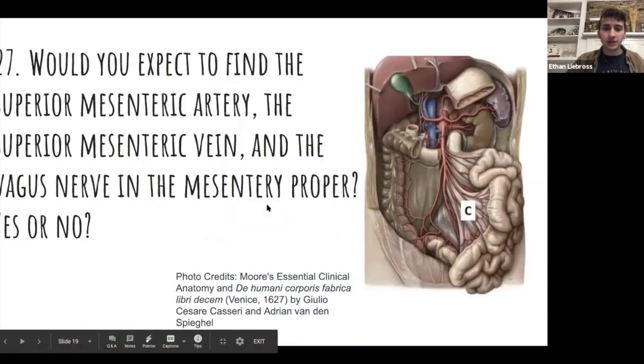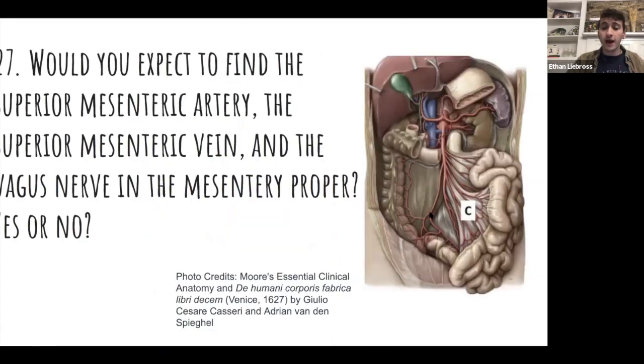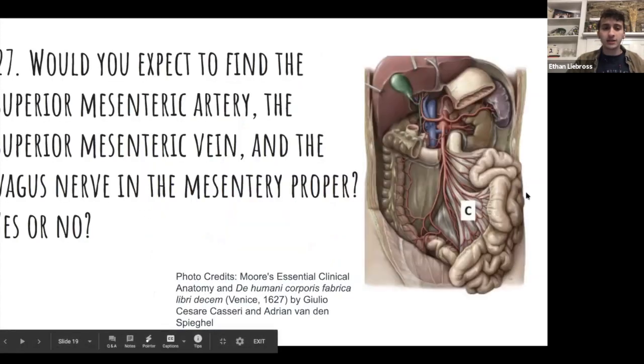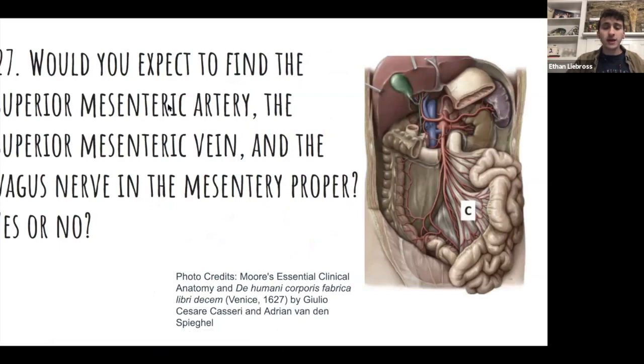So yes, the vagus nerve could be found in this mesentery C. The superior mesenteric artery, remember, branches off of the abdominal aorta. And the superior mesenteric vein, on the other hand, branches off of the inferior vena cava.